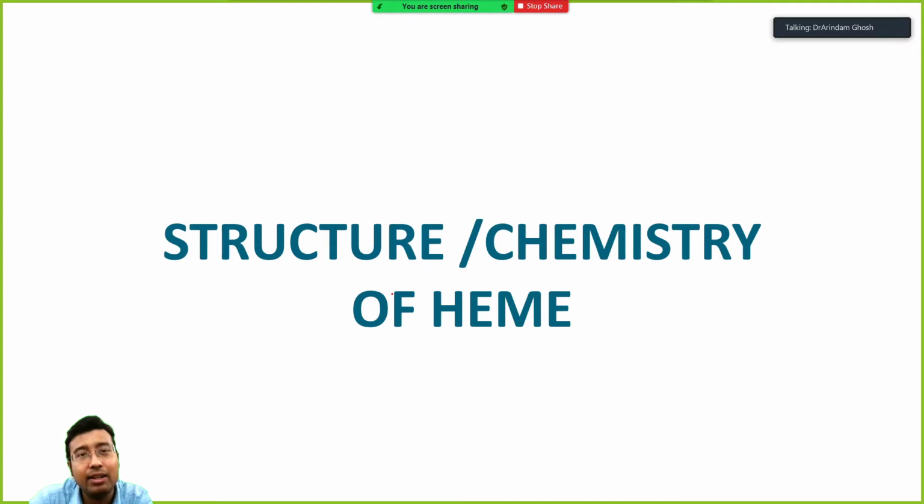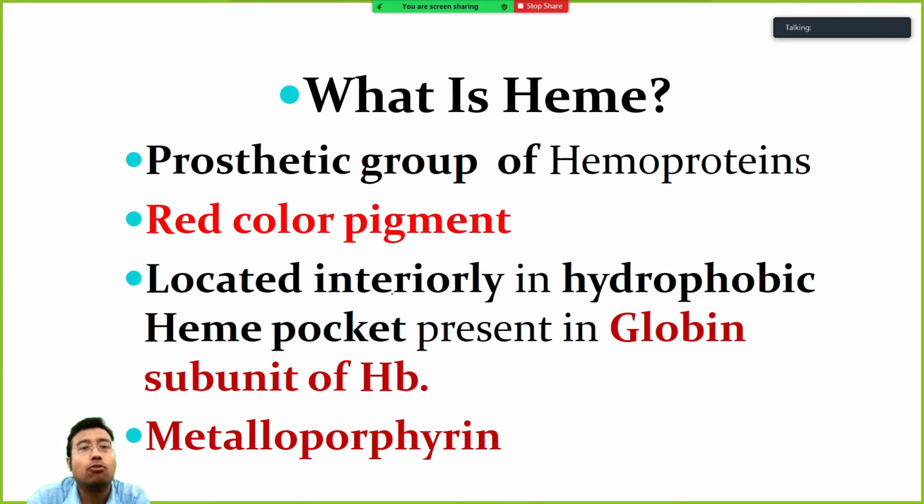We'll briefly cover the chemistry of heme, right? So what is heme? Again, it is a prosthetic group of hemoglobin. Rather, all hemoproteins have a prosthetic group that is known as heme. It is a red colored pigment, right?